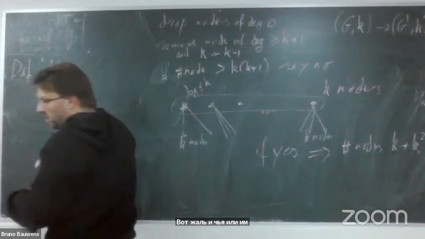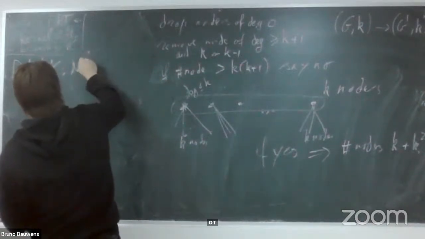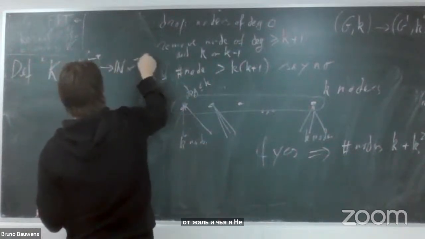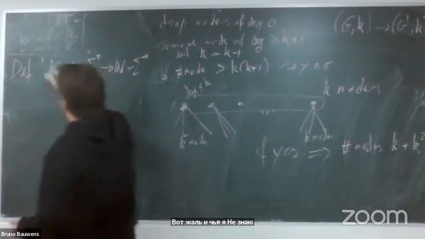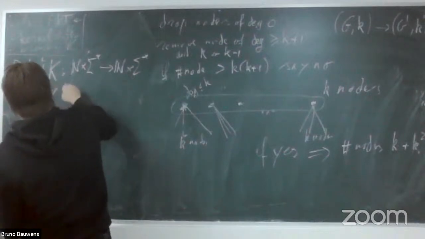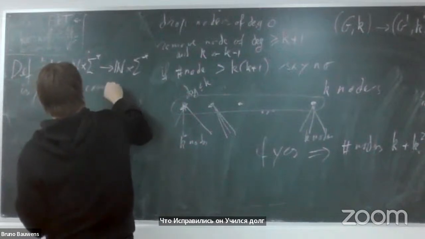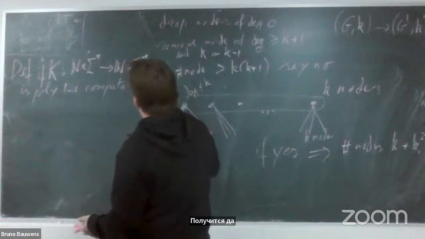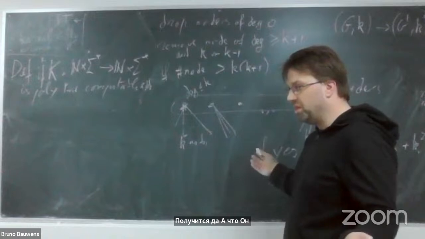Okay, we'll map inputs of the problem to other inputs, so N times sigma star to N times sigma star, and k needs to be polynomial. If k is computable, what we want is that the parameter doesn't explode completely.